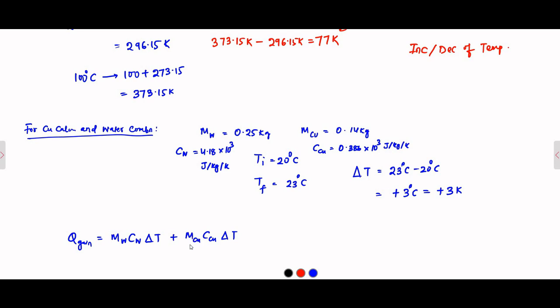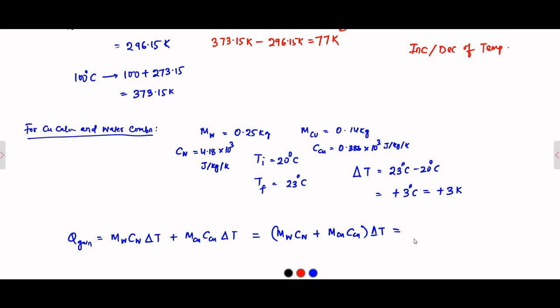MCU is mass of copper, CCU is specific heat of copper, delta T is the same rise in temperature. So the rise in temperature is the same for both the cases. So we can write it as MW CW plus MCU CCU into delta T.